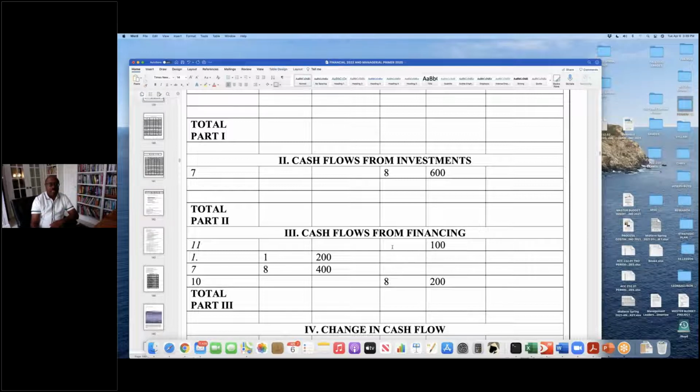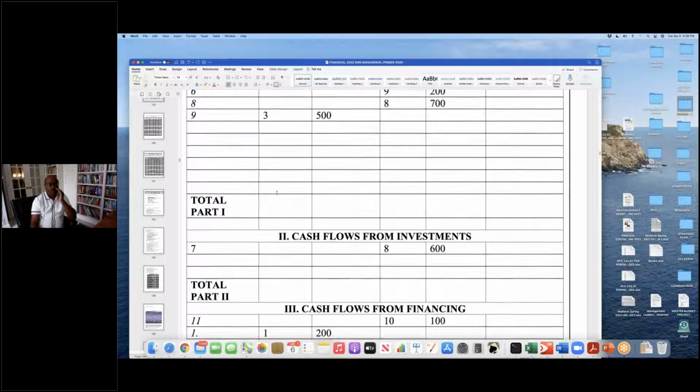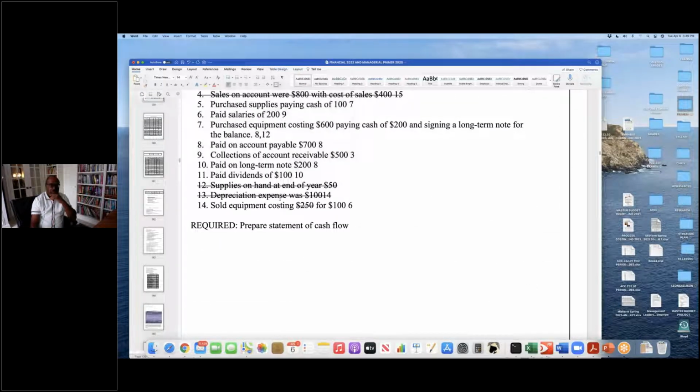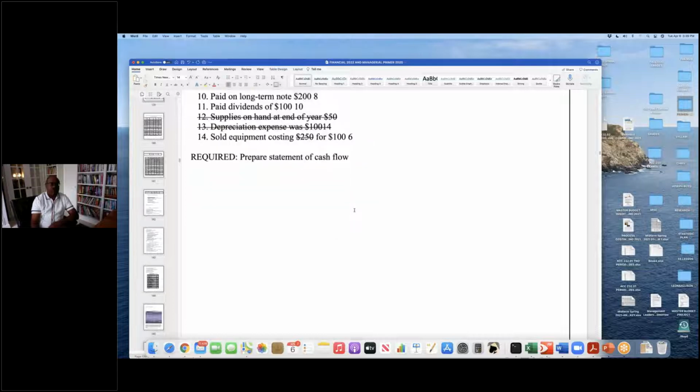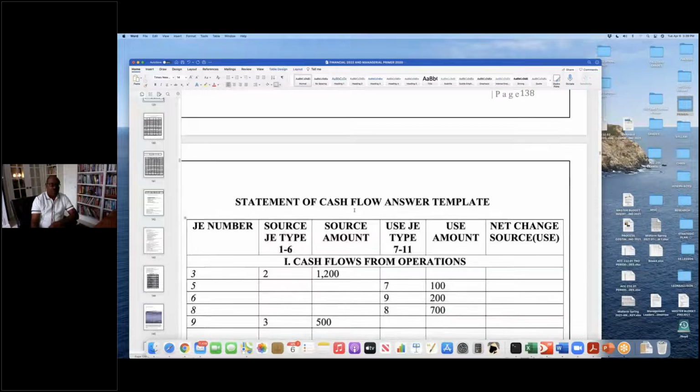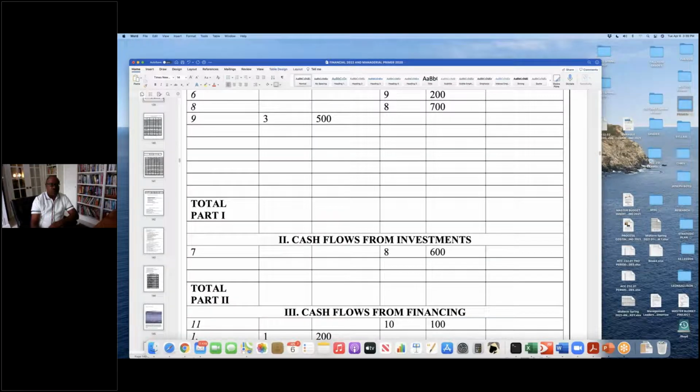And that's a type 10. Finally, we get the one where we sold equipment. All we're concerned about is $100. That's a type 6. So we're going to do 14. Going to come in here. Type 6. It's $100.